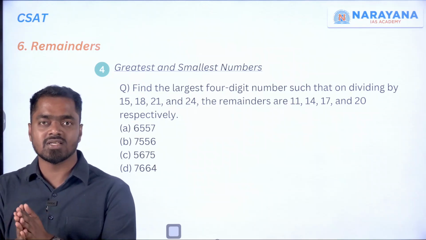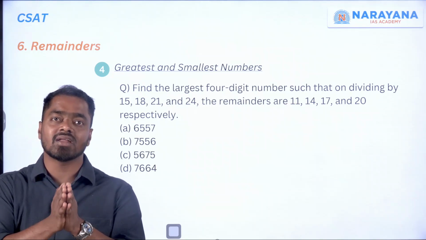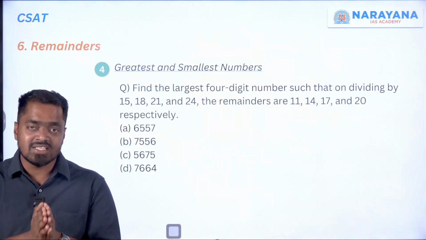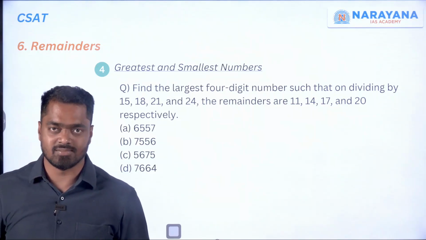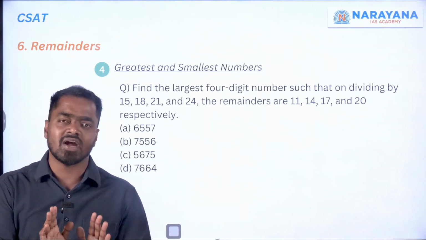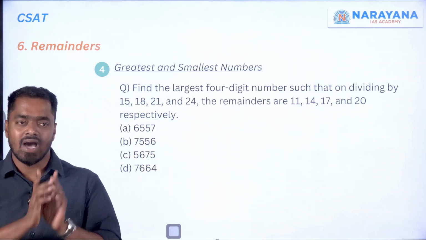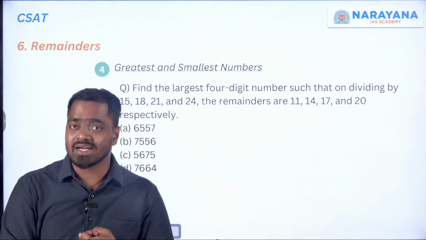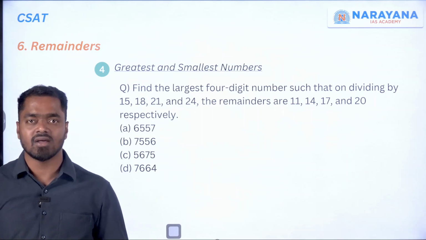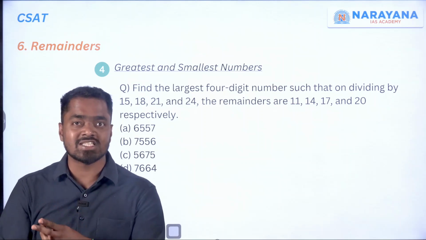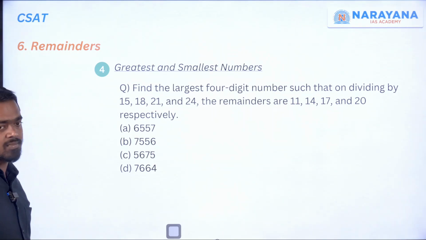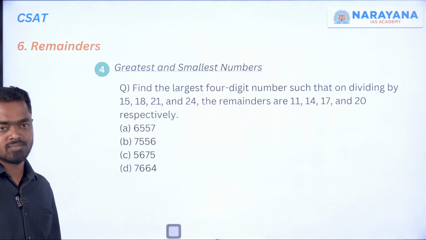The next model is they leave the same remainder in each case. Now in each case the remainder is different. All these models we have done in LCM and HCF. Apply the same concept here with the two formulas: greatest is equal to highest minus r, smallest is equal to least plus d minus r. Try to solve this one.